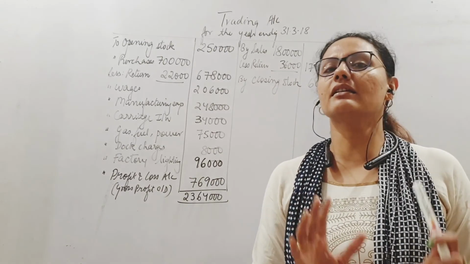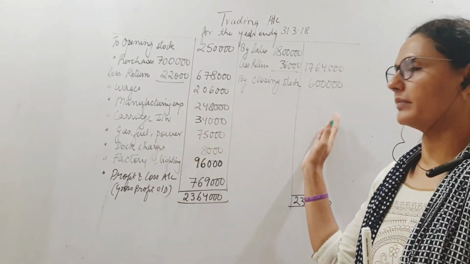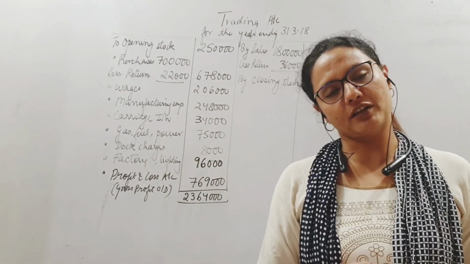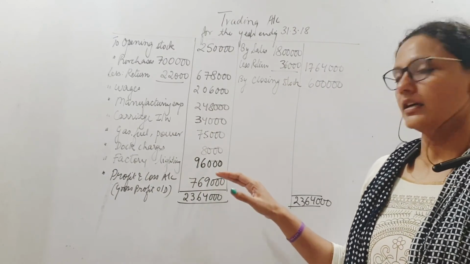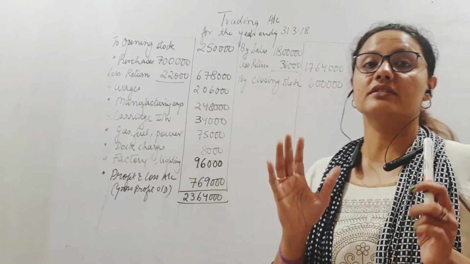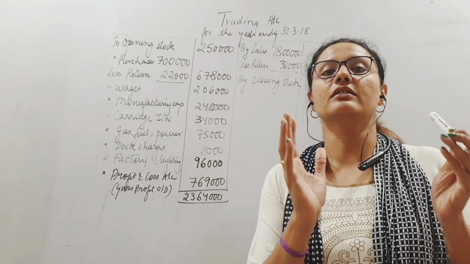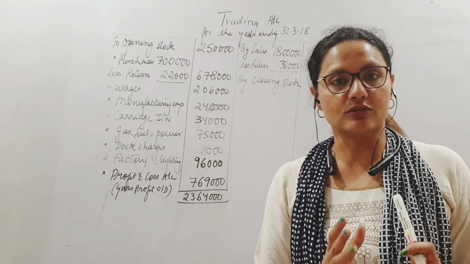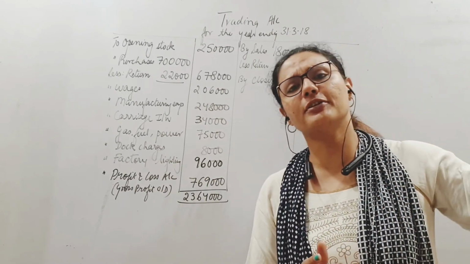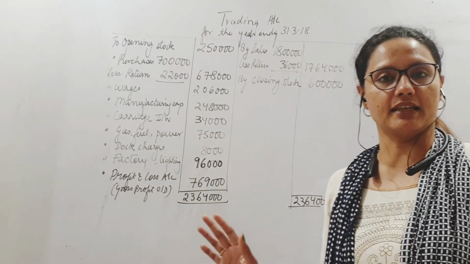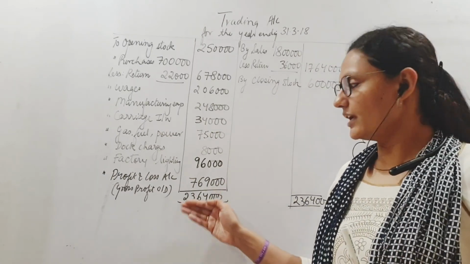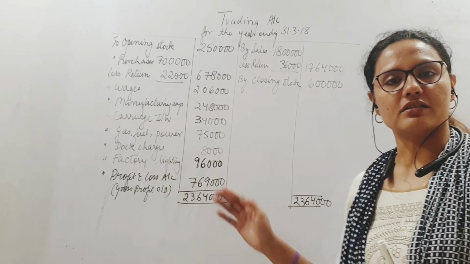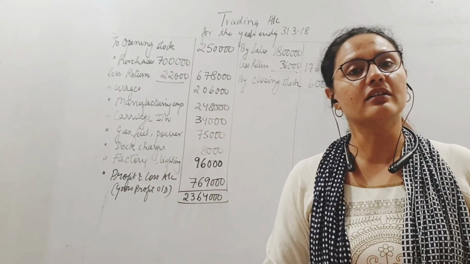Meaning, we've just taken the direct expenses out of my income, which is my sales. So this shows your profitability related to simply the manufacturing unit or the core trading process of the business. Apart from that, the management expenses we are not taking right now. That we take in the profit and loss account, which is the next segment of your final accounts.